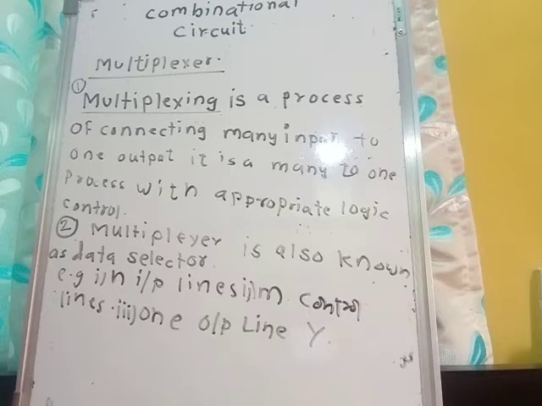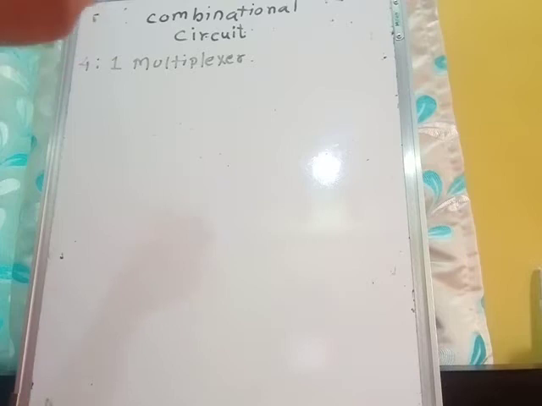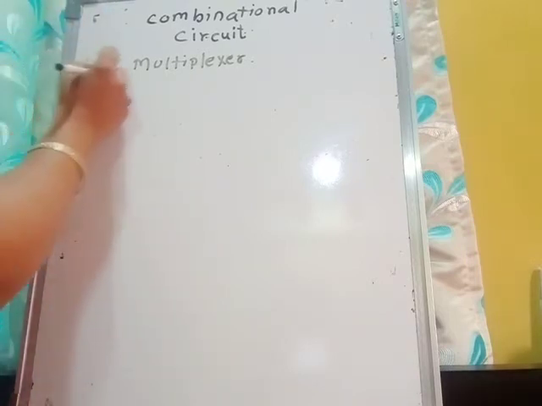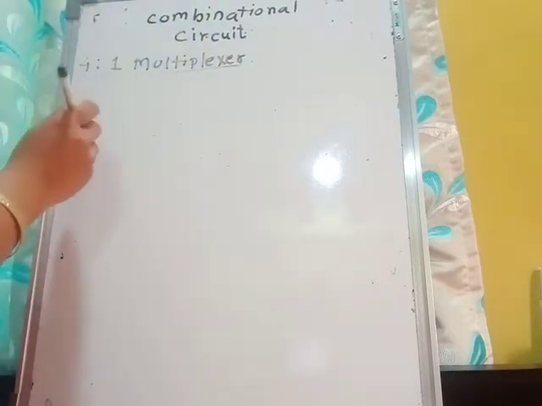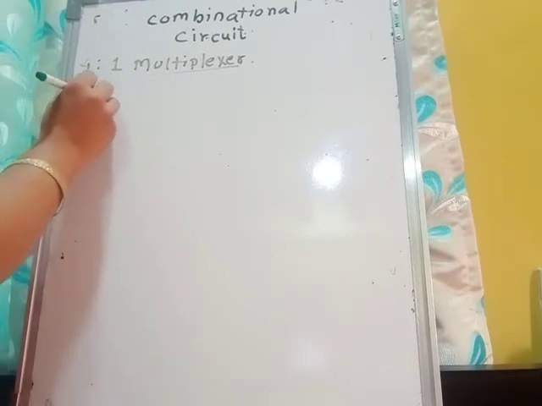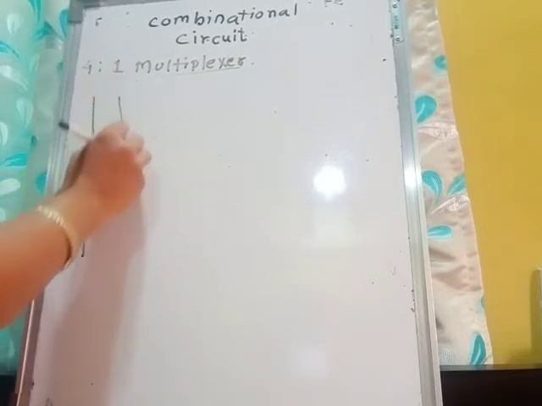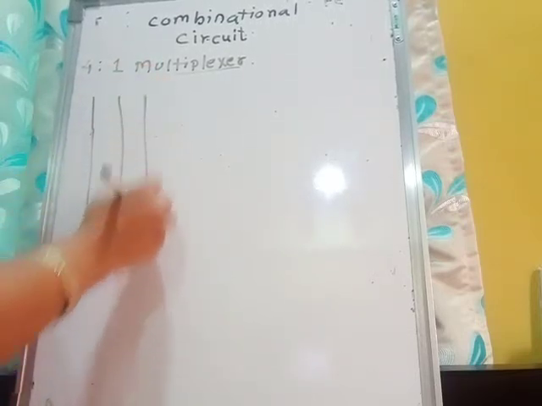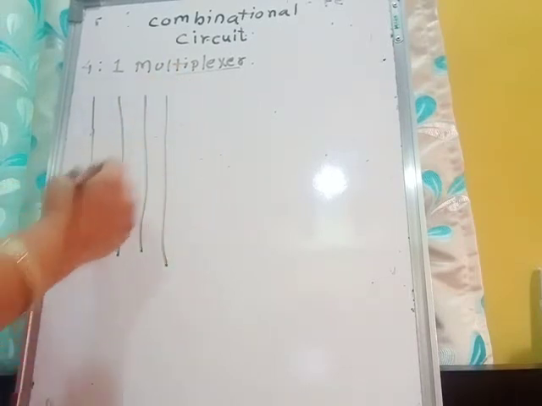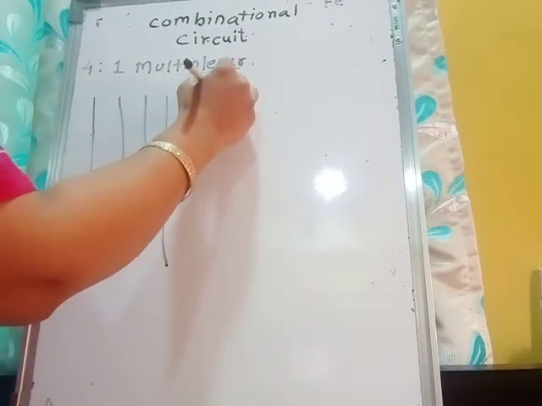Now we will see the diagram for the multiplexer. Here we have a 4:1 multiplexer, and we are going to draw its diagram. This circuit has 4 AND gates: 1, 2, 3 and 4.